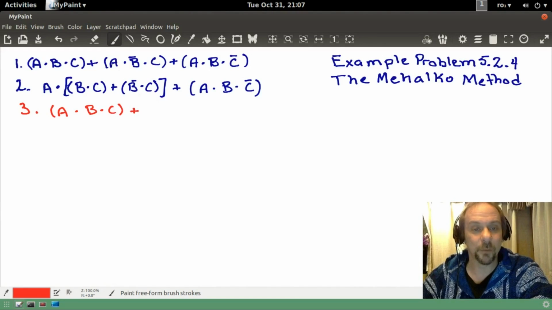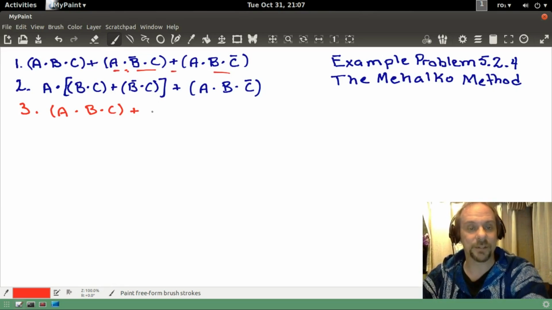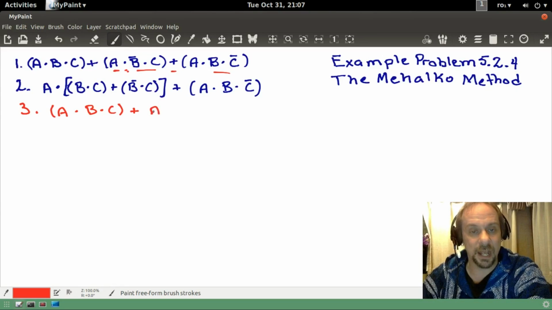So, at any rate, we pull the A out, so we get A and B or C, B, not B and C, A and not B and C, or A and B and not C. So that works out as A and, this is going to be the big term over here, B and C right here.